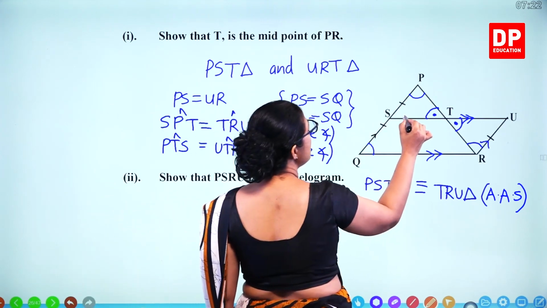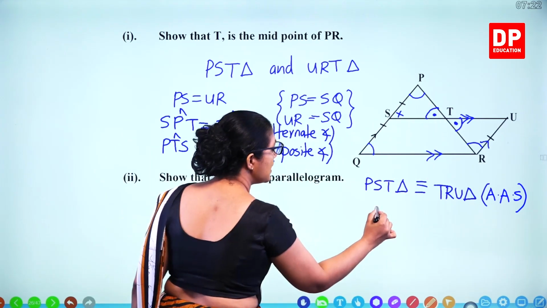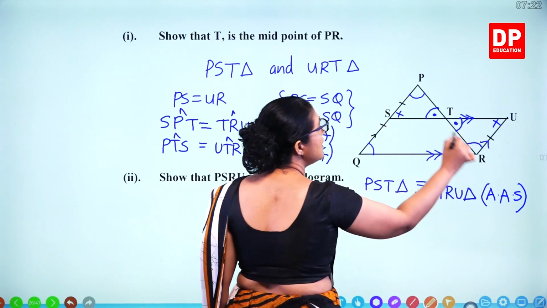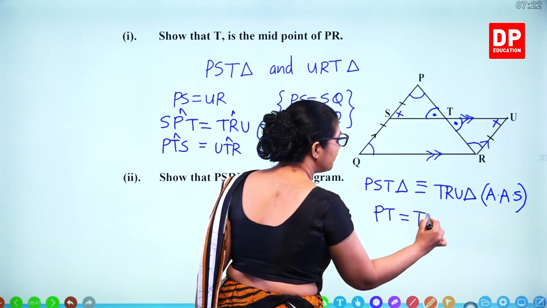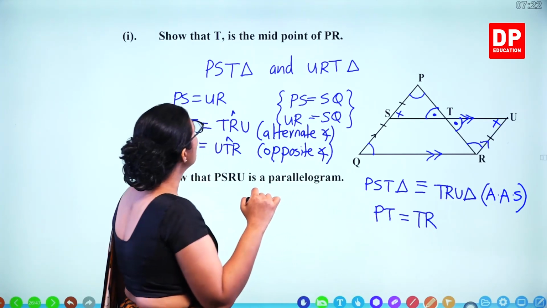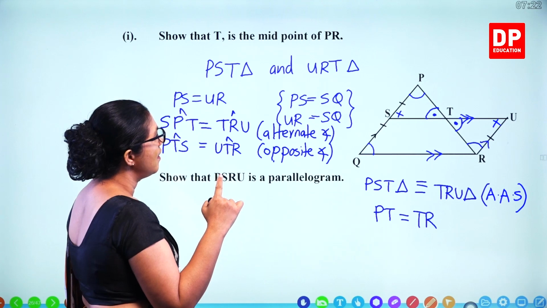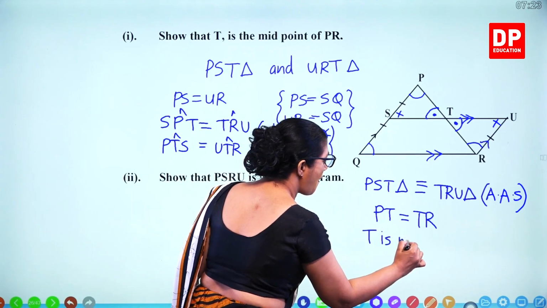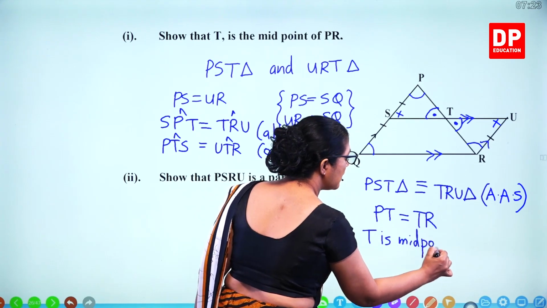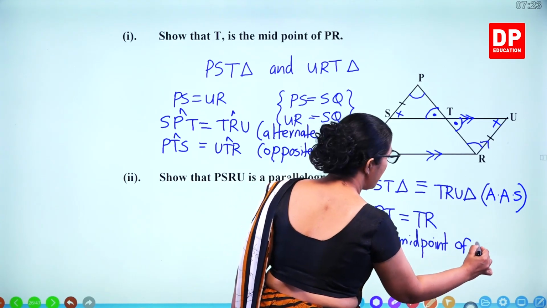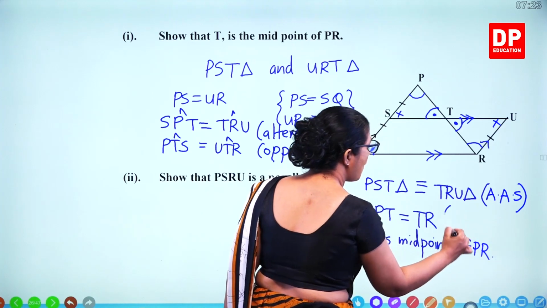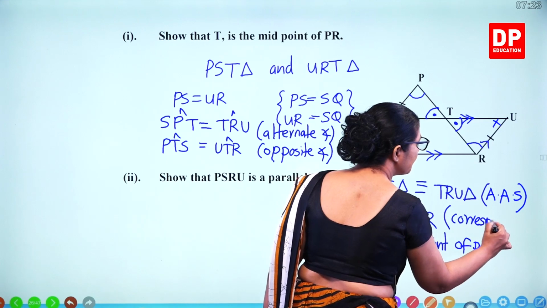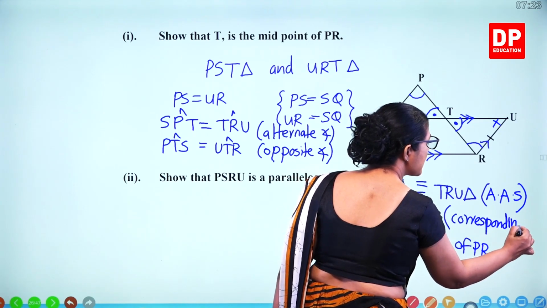Opposite to this angle is PT, opposite to this angle is TR. So PT is equal to TR. That means T is the midpoint of PR. Now here we have to write down why these are equal: corresponding elements.